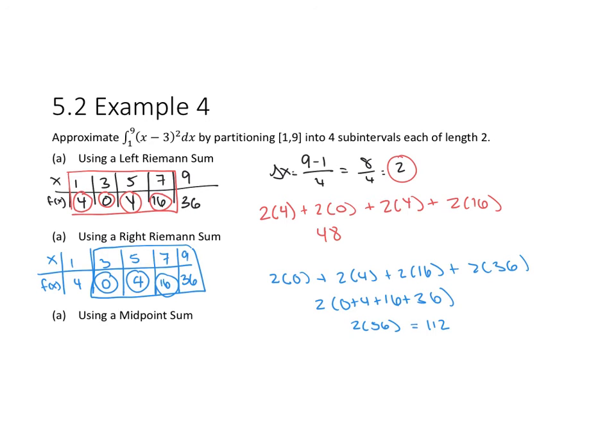Again, I'm going to leave myself a little bit more room for this one, because I'm going to need to find the midpoint of each of these intervals. So 1, 3, 5, 7, and 9. The width of my intervals is still 2, but we're going to need to find those midpoint numbers.